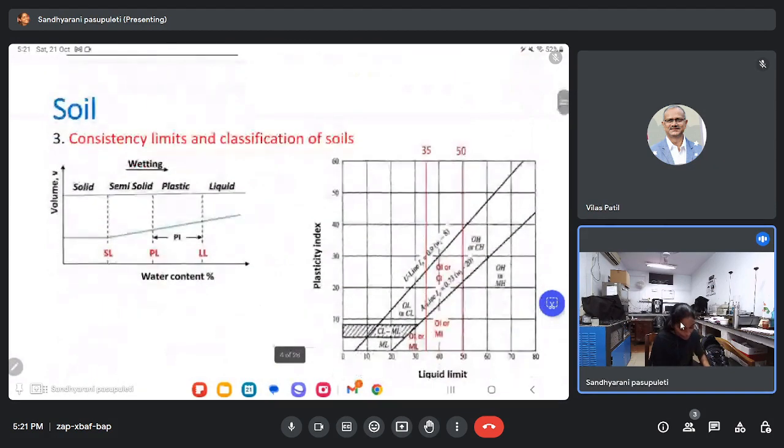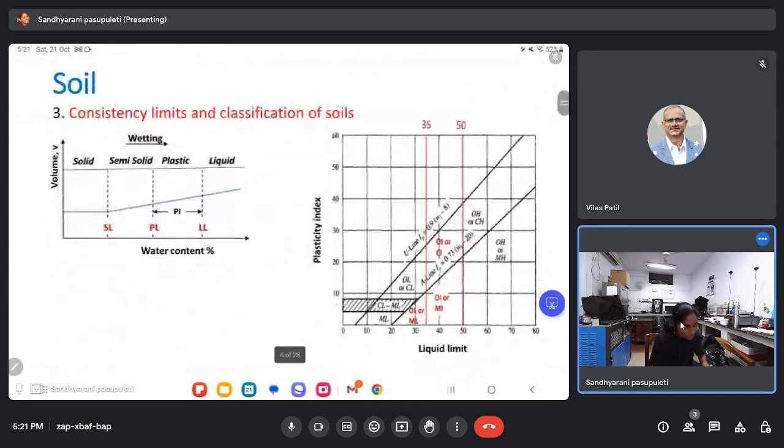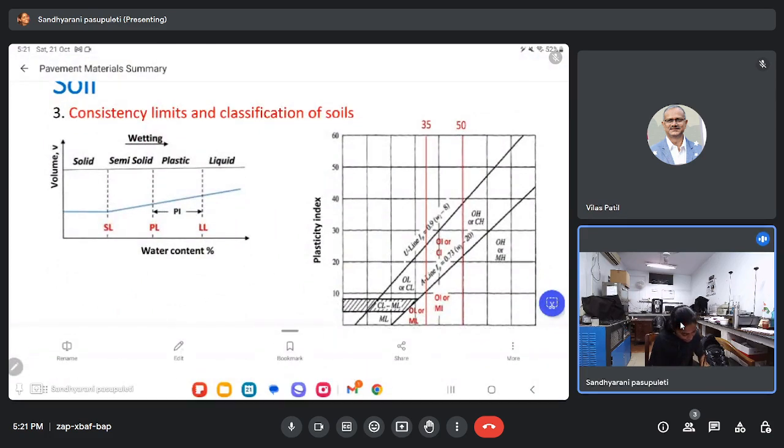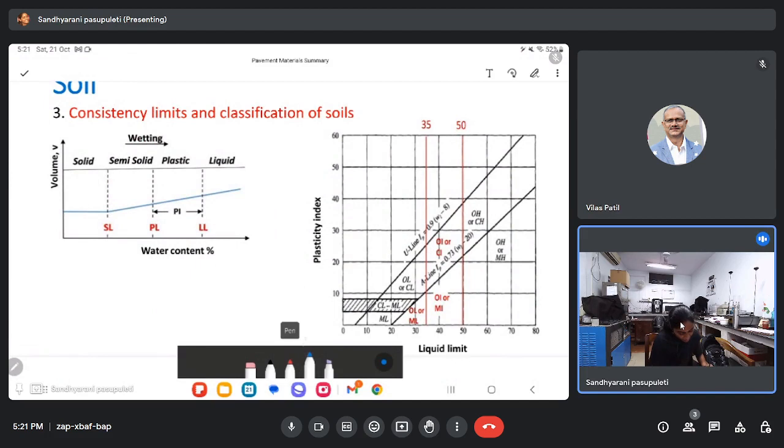Another important discussion we had done in the soil chapter was consistency limits and the classification of soils. If we could remember, we have the soil, let us say the soil is mixed with water. When the water is very high, so we haven't dried that soil, water is in liquid state.